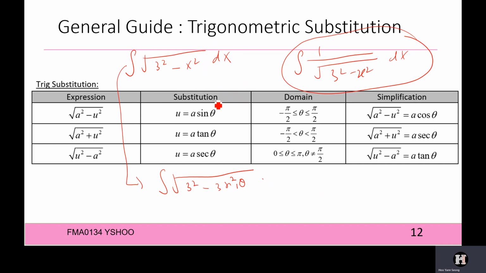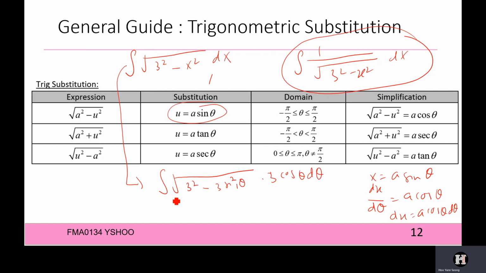My x equals A sine θ, so dx/dθ is A cos θ, or my dx is actually A cos θ dθ. So the dx will change to 3 cos θ dθ.